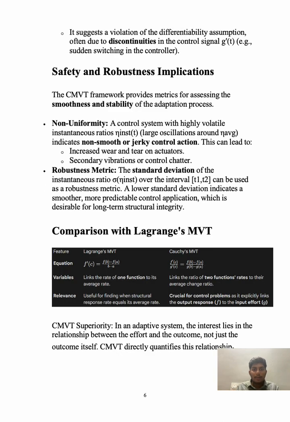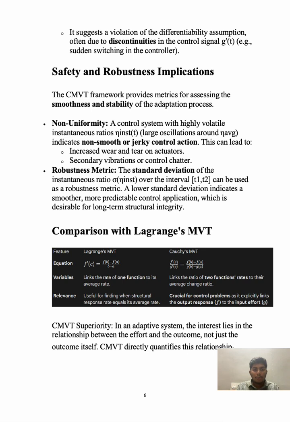It suggests a violation of differentiability assumptions, often due to discontinuity in the control signal g'(t). Example: sudden switching in the control. Safety and robustness implications. The CMVT framework provides metrics for assessing the smoothness and stability of the adaptation process.